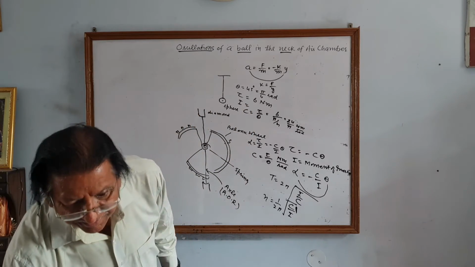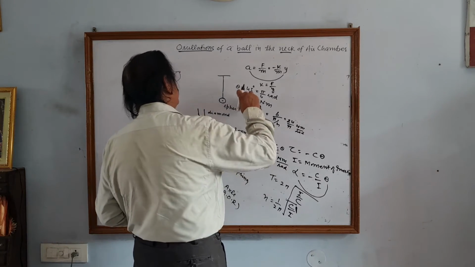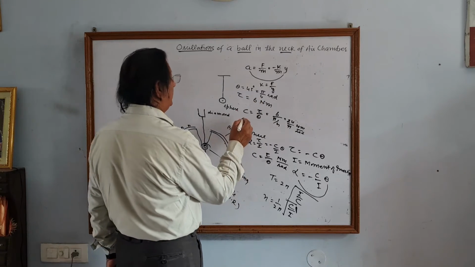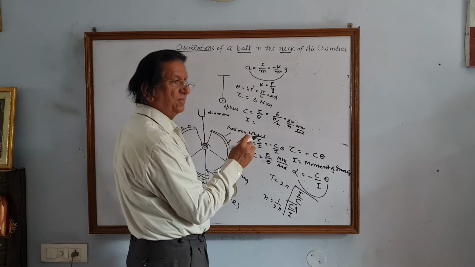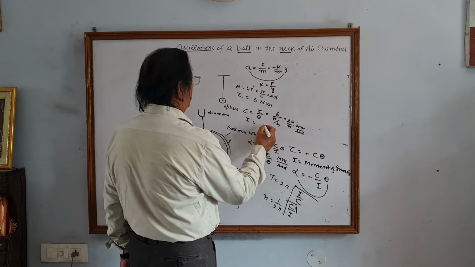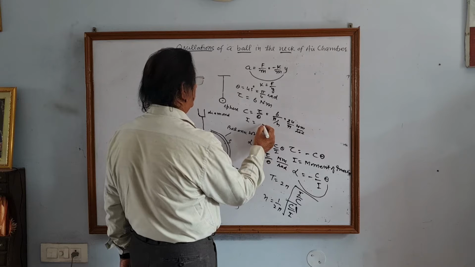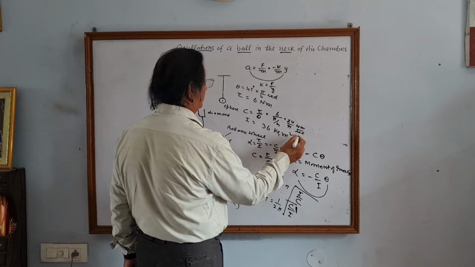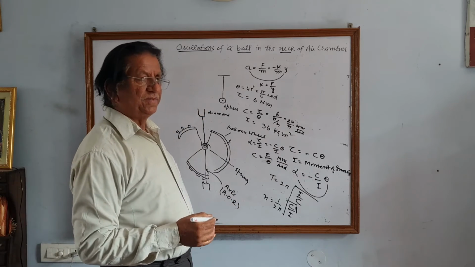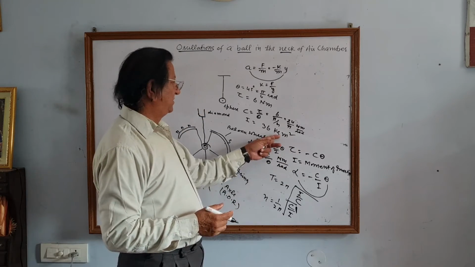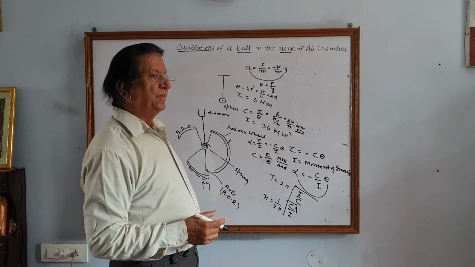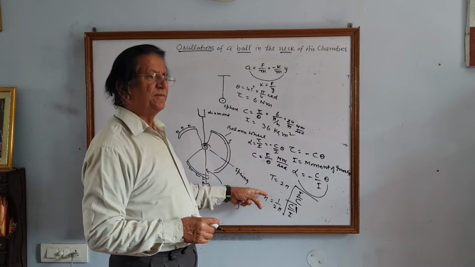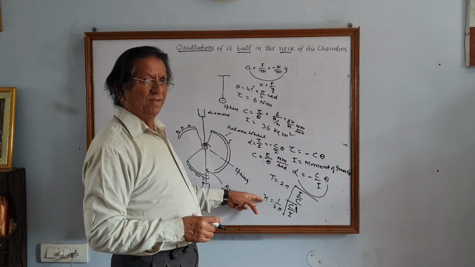So let us suppose I is given in the problem. Let us say it is 36 kg meter square. Moment of inertia is m into r square, and the unit will be kg meter square in the SI system. Now these items are sufficient to calculate T, or frequency. Got my point?